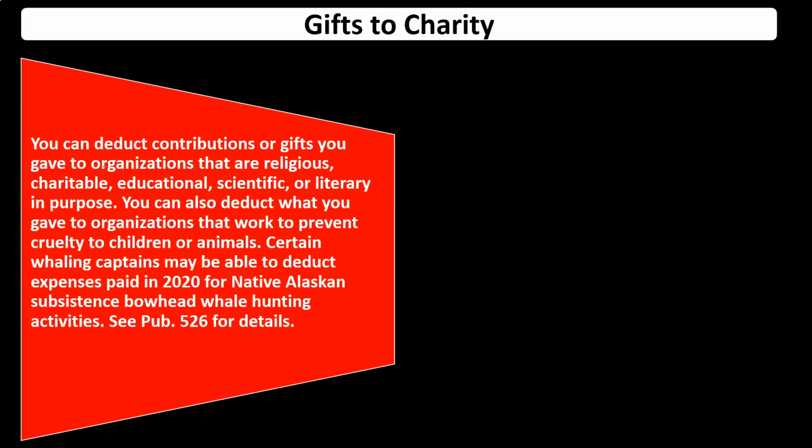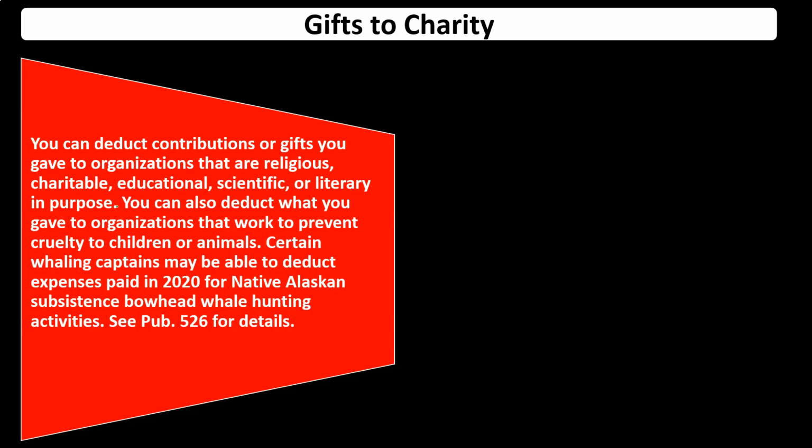So gifts to charity. You can deduct contributions or gifts given to organizations that are religious, charitable, educational, scientific, or literary in purpose. These are basically the qualification factors for an organization to be a nonprofit or charitable organization according to the IRS, according to the government.